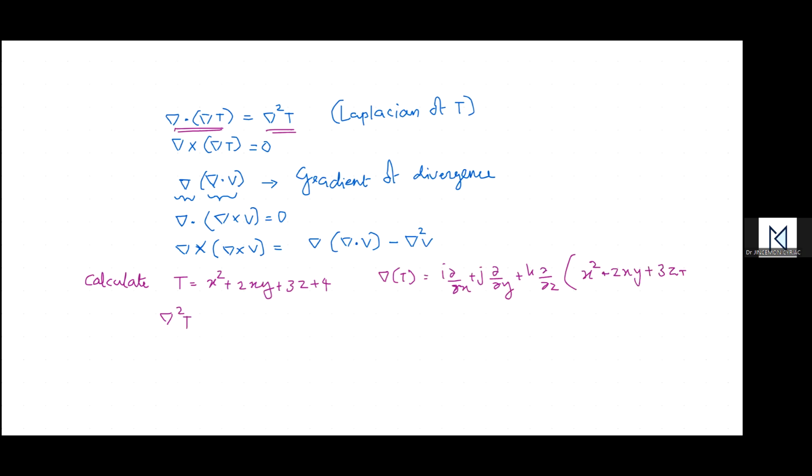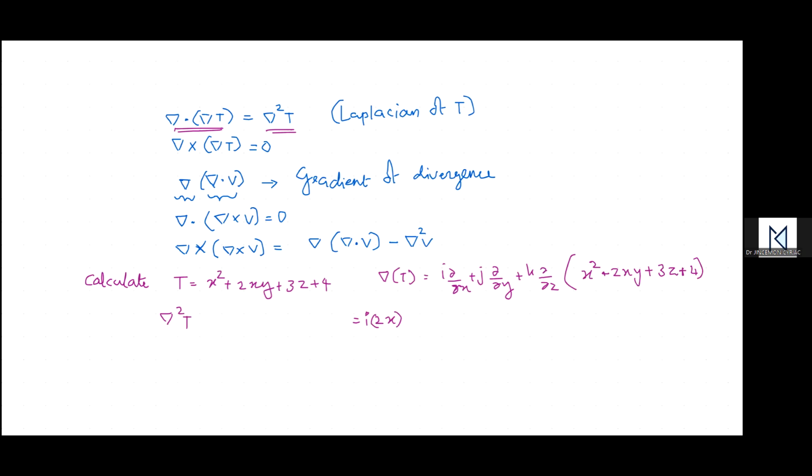That's equal to, first we take the derivative with respect to x, that is equal to 2x. Then i into 2x, because we are taking second derivative, again we want to multiply it with i.